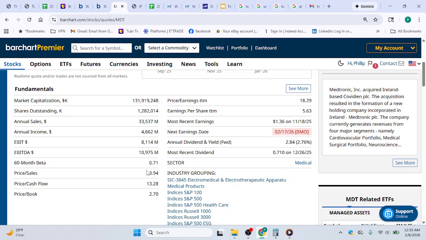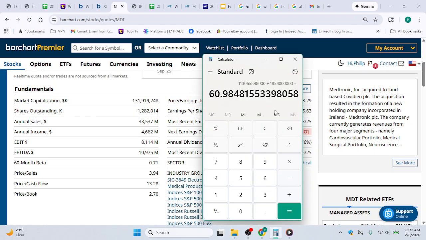And price divided by sales is just under 4, whereas I think the other one was 5 something. But here we could take annual income or market cap divided by that income. Let's see what kind of number we get with this one and see how they compare. So you just do a little comparative analysis on companies, and I kind of wish this number was readily available on Barchart or other sites, but I'm not sure it always is.